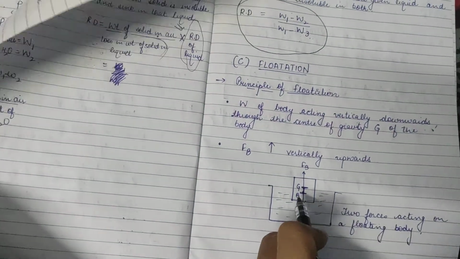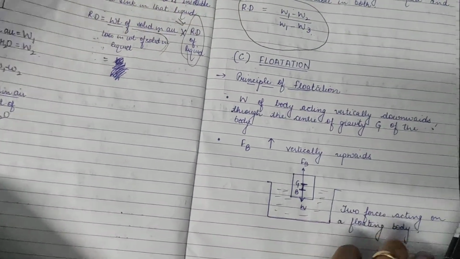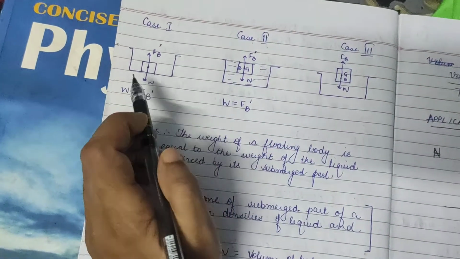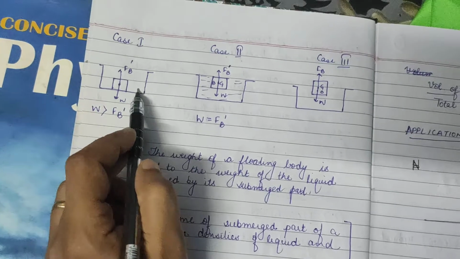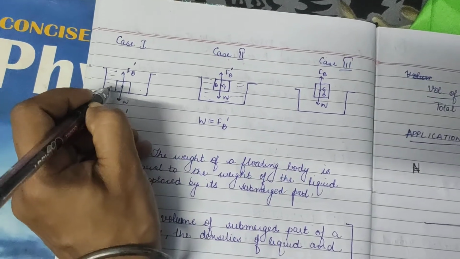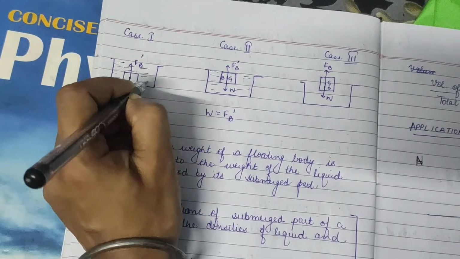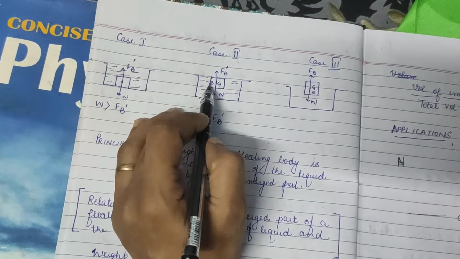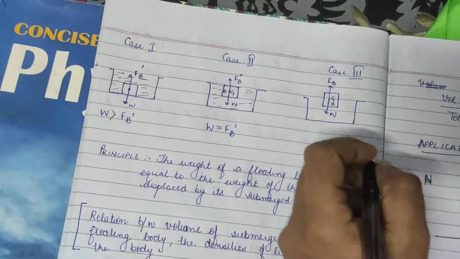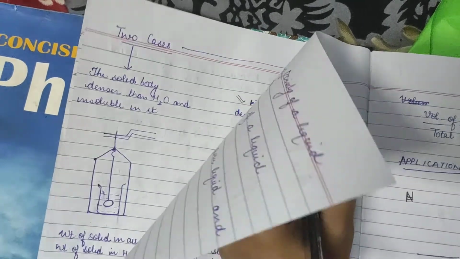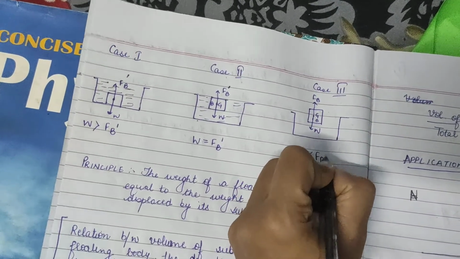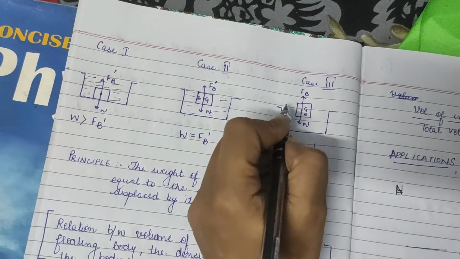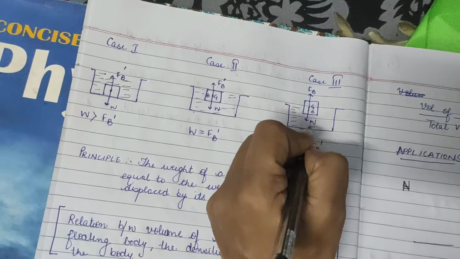First case is when the body sinks in water. The second case is when the body is floating, equally immersed in water. The third case is when the body is halfly submerged in water.